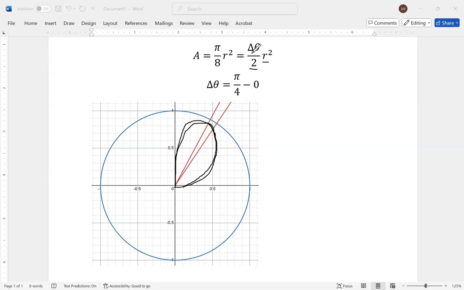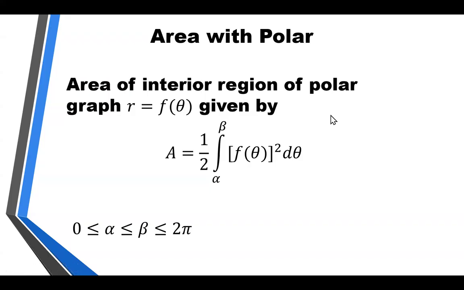And then when I take those change in thetas and I get smaller and smaller, then that's going to become an integration. That is going to generate out the area of an interior region of a polar graph.